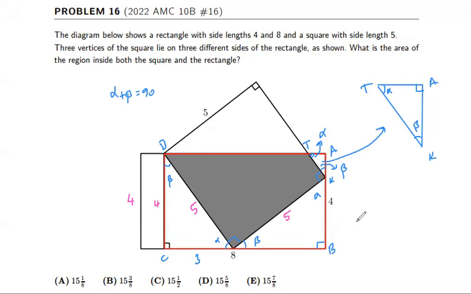Since they have the same hypotenuse, they are not just similar, they are congruent. So then we can say the legs are 3 and 4. Alpha is opposite to 4, so this is 3, which makes this KD 1, because this width, which is DC, is 4, the same as AB. That is why this is going to be 1.